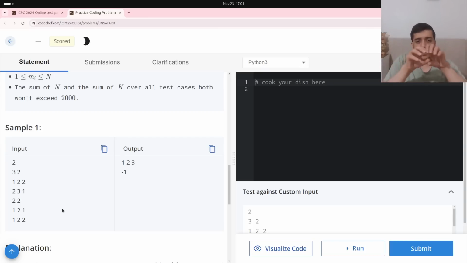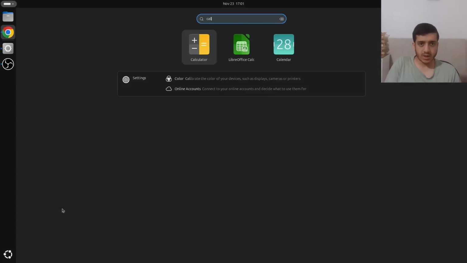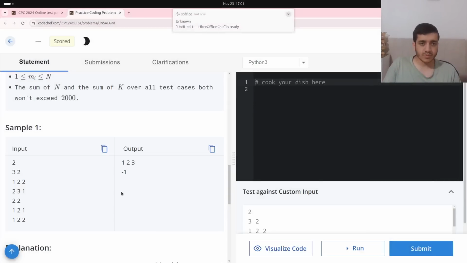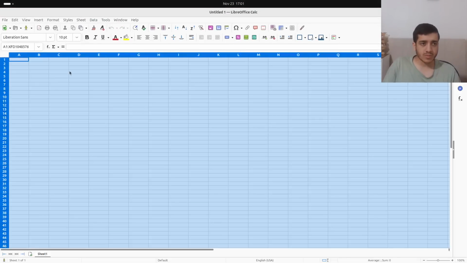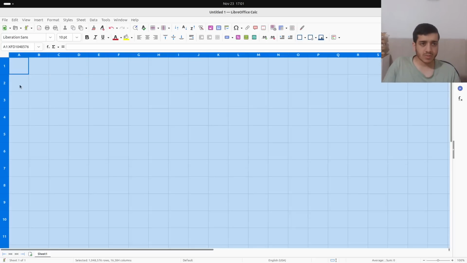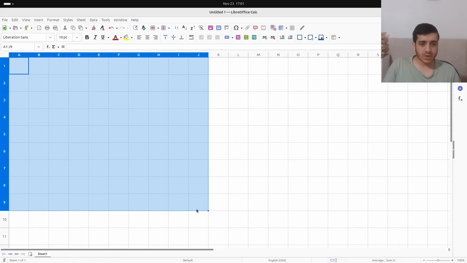So first everything is 1. Do you remember I said consider a table with some tokens? So consider a table like this.